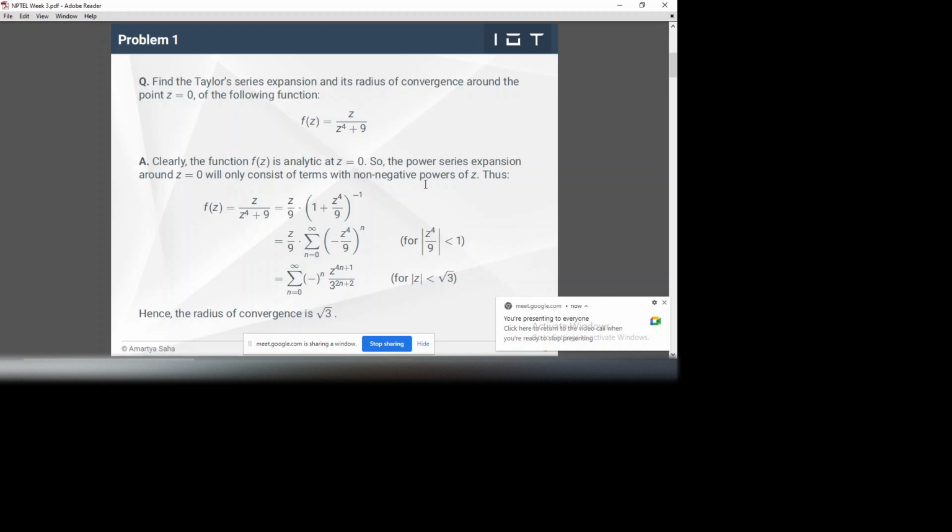As you are familiar, to find the coefficient of z to the power n, all we have to do is integrate this function multiplied by z to the power n minus 1 over a contour circling the z equal to 0 point, as has been taught in the lecture, and divide by 2 pi i. That was taught in the lecture, but here you simply know the series and we directly wrote that.